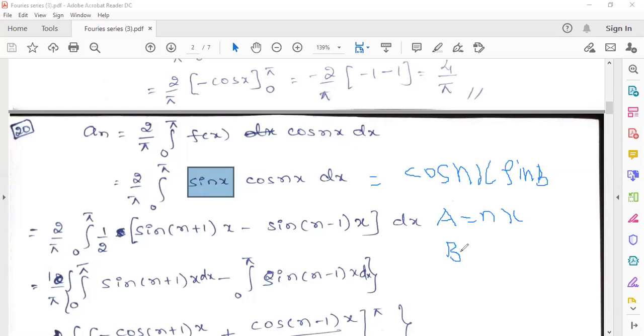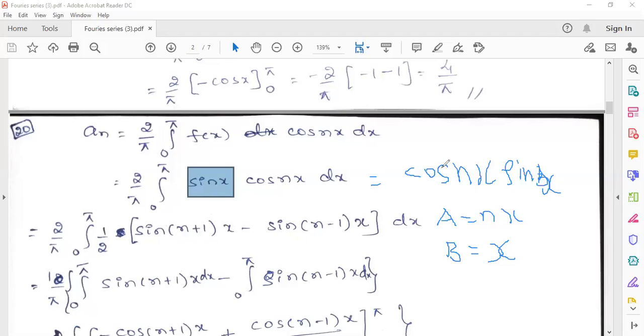Even if you are simplifying in a further step, it's fine. Here itself, if you are interchanging, that's also fine. So I interchange sin x cos nx into sin x. Then a value will be nx, and b value will be x. So cos a sin b means sin of a plus b minus sin of a minus b, whole divided by 2. Just apply that formula.